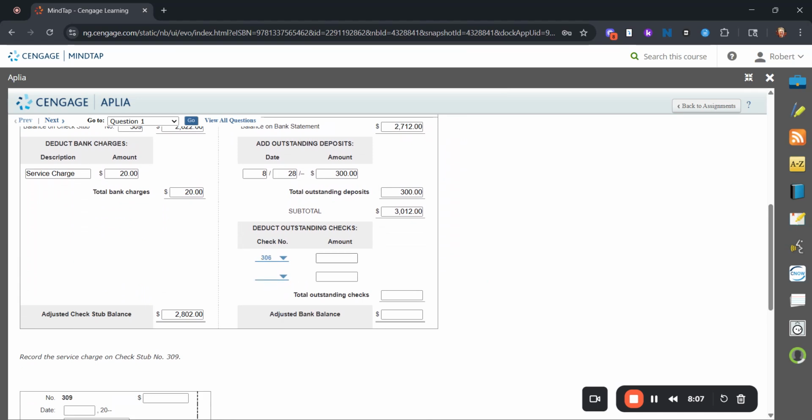So check 306 for $140, check 308 for $70. So the total checks that haven't been cashed when the statement was created, add these two together, is $210.